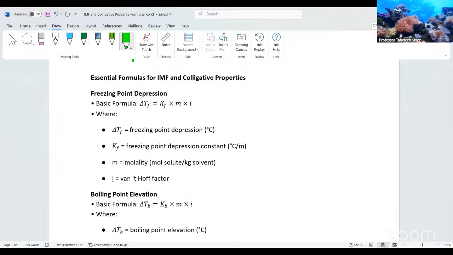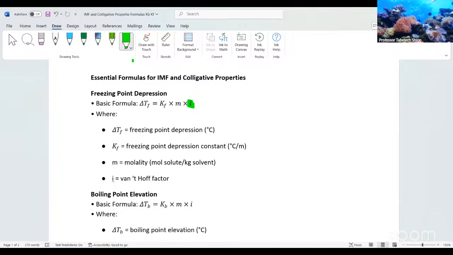So the Van 't Hoff factor, this little i here that's a part of the formula, is one of the things that you must understand. How this works is the Van 't Hoff factor tells us how many pieces a substance breaks into when it's mixed with water.